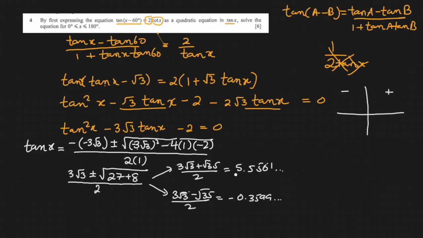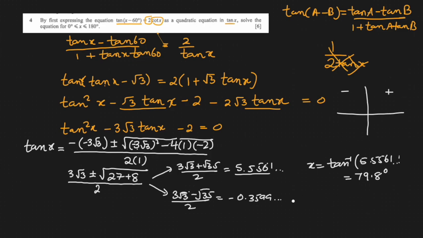So we'll take this positive one, whatever angle it gives in the acute, first quadrant, and that will be the answer. So x in this case is tan inverse 5.5561, which comes out to be 79.797. So I will write 79.8 degrees.